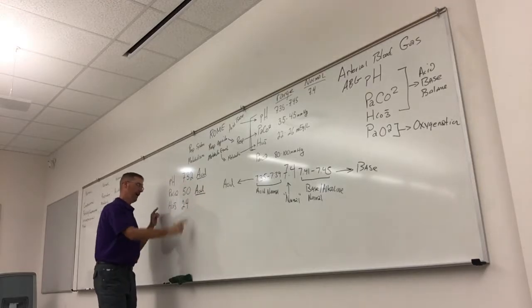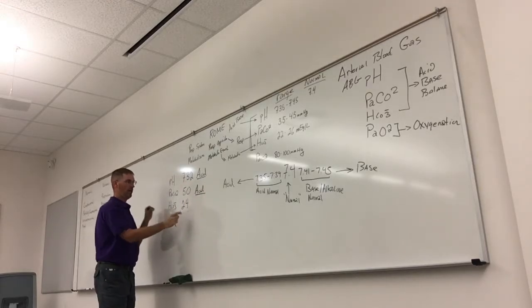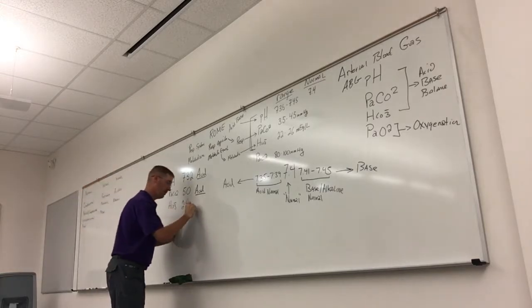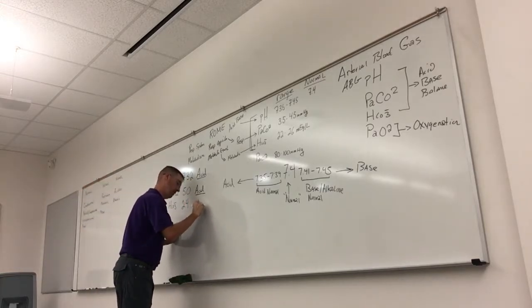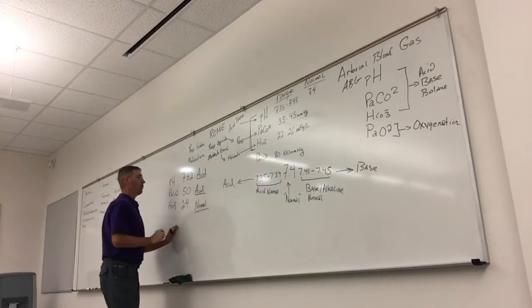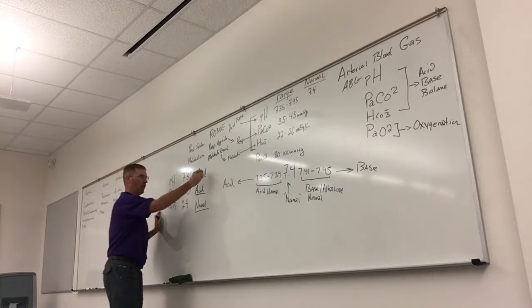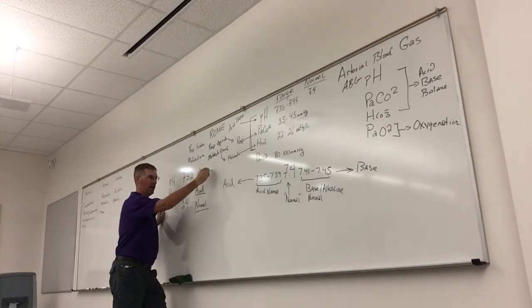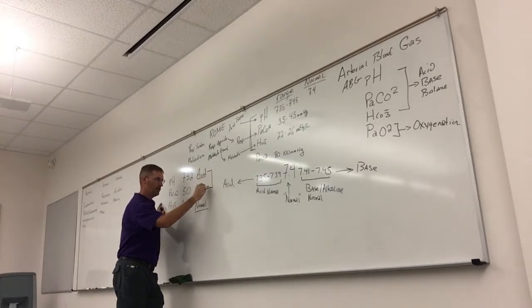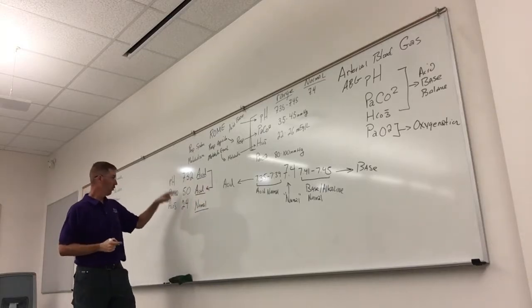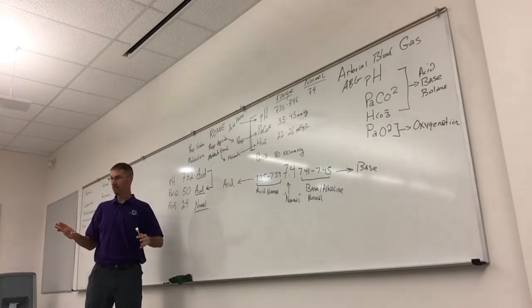And then I move down and I ask myself, okay, bicarb, is it acid, base, or normal? This is normal. So my primary problem is an acidosis, right? And what's causing the acidosis, just connect the dots. It is the respiratory system. So we would say that this patient has a respiratory acidosis. You guys go with that?